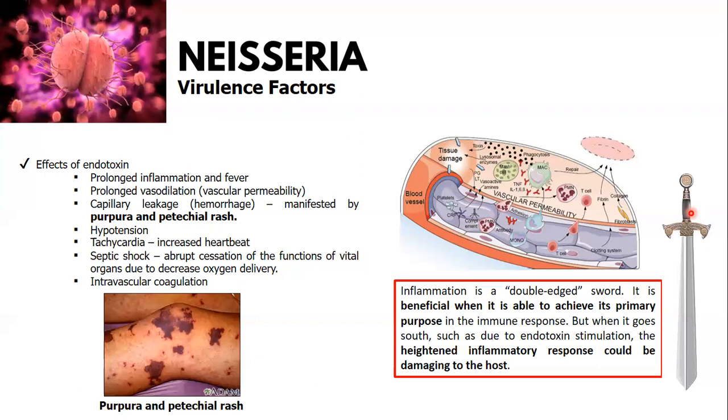But when inflammation goes south, such as due to endotoxin stimulation, the heightened inflammatory response, as a result of the increased amounts of pro-inflammatory cytokines secreted by endotoxin-stimulated macrophages, could be damaging to the host. And these are the things that would happen to the host if there is a heightened inflammatory response.